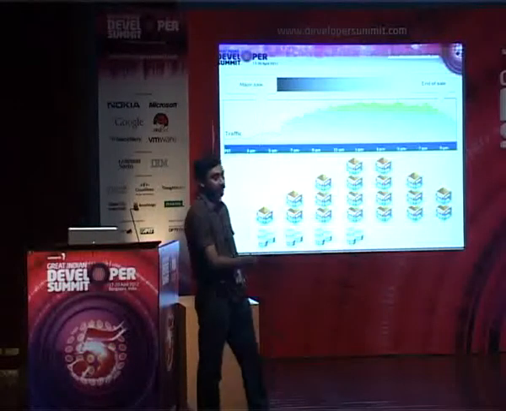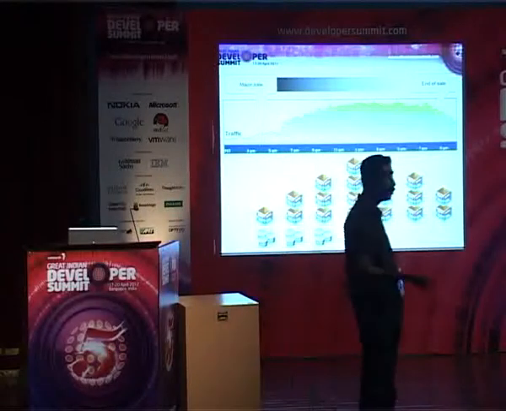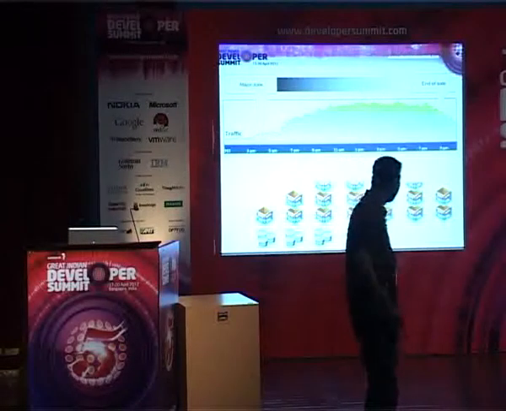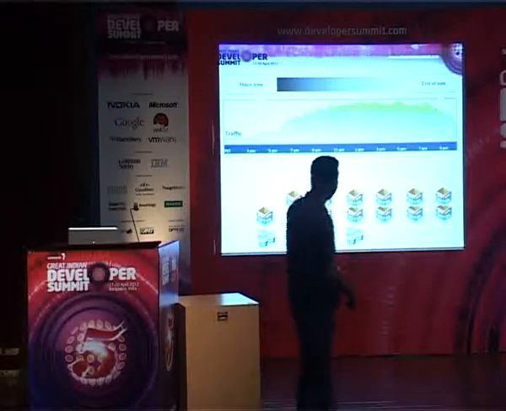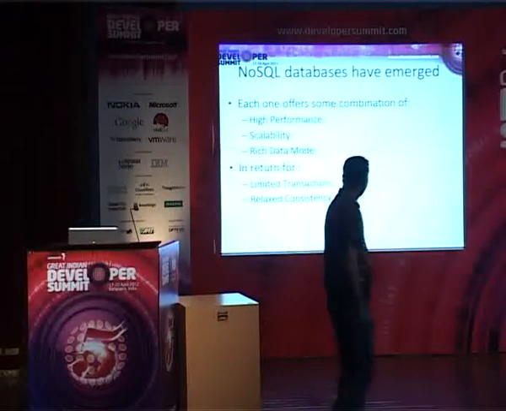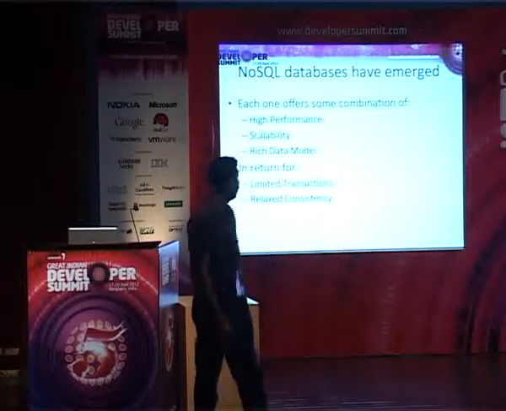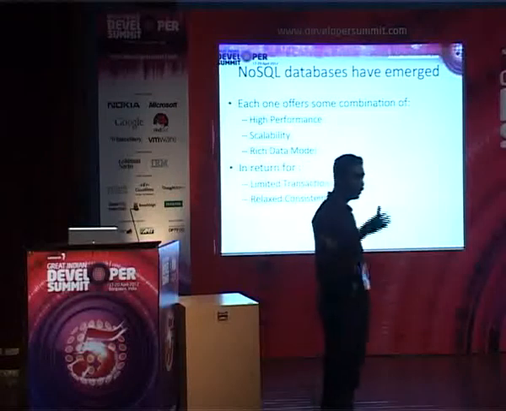We can't do that with a relational database. The database remains just one. So that ends up becoming your single point of failure, your single point of bottleneck. And then when load goes down, you should be able to dynamically scale it down as well, right? Again, you can't do that with relational databases. So to address some of these challenges, NoSQL databases have emerged, and they have some similarities. There's lots of them. I'll just briefly touch upon them.